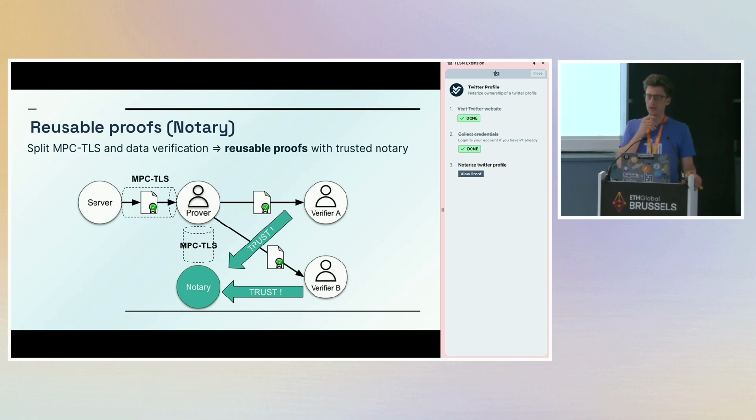Yeah, so there's this trust assumption. What does it mean? Imagine that the prover is running the notary, then we're back to square one, and it doesn't help. So the notary needs to be neutral.